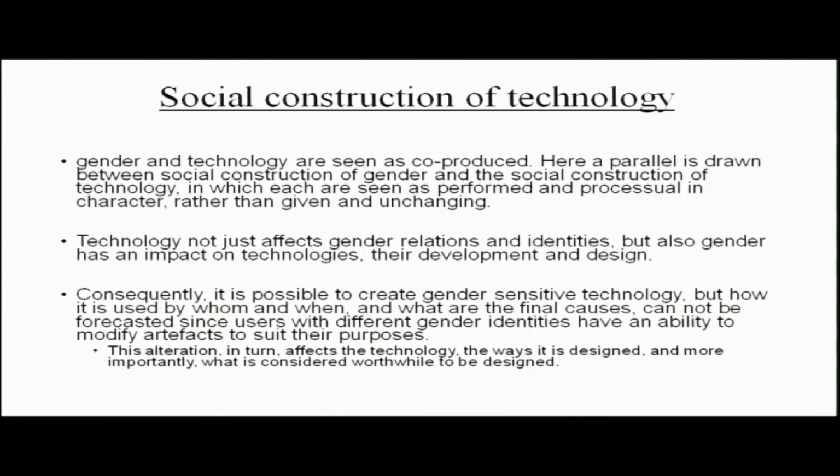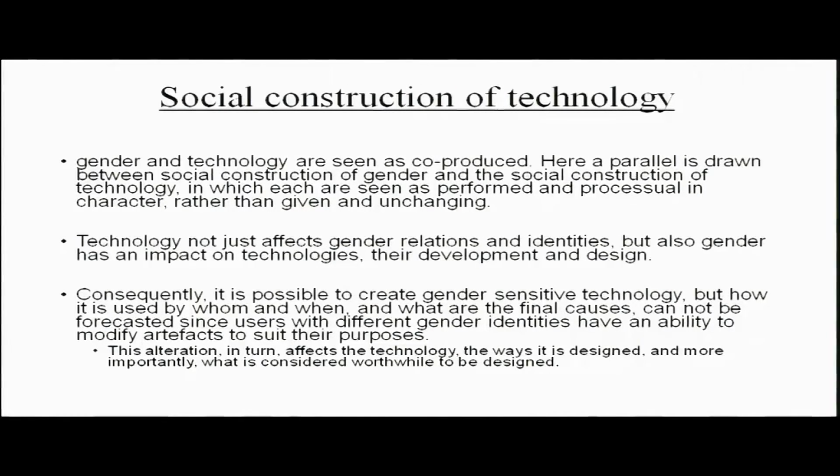So what happens is, most of these technologies have a gender ascription, a gender code assigned to them, with a prior assumption of what sort of users will be using such a technology. However, it cannot be forecasted completely, since many of these users have the ability to modify these artifacts to suit their purposes.